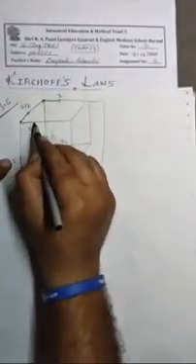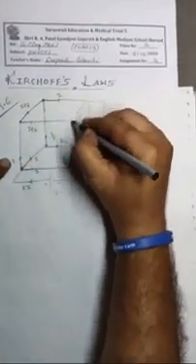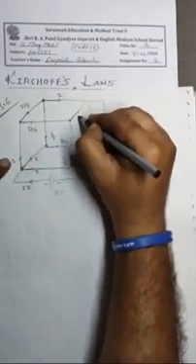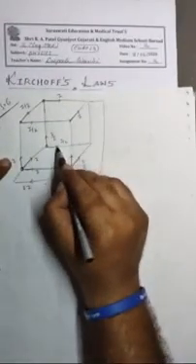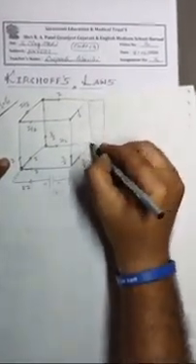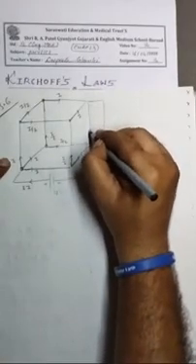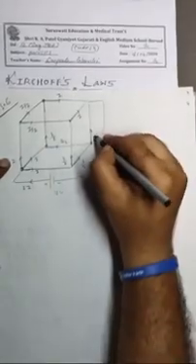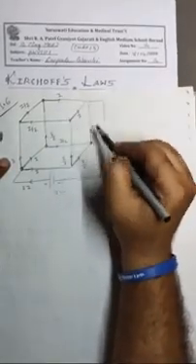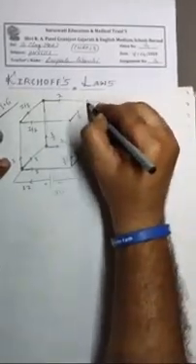Similarly, I by 2, I by 2. From here, I. Same way, I by 2, I by 2. All these 3 currents, 1, 2 and 3, they meet here.